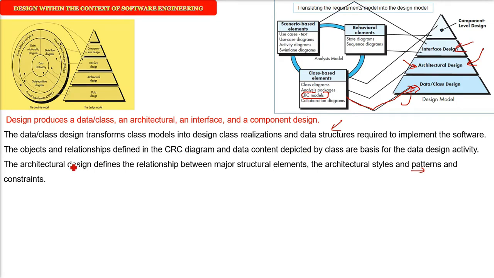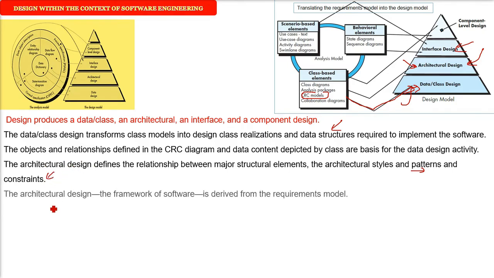And also the constraints, this is the boundary. The architectural design is actually the framework of the software, and it is derived from the requirements model. Okay, how this software will be made, what are the parts, how they're going to interact, the different components for the different part of the system.